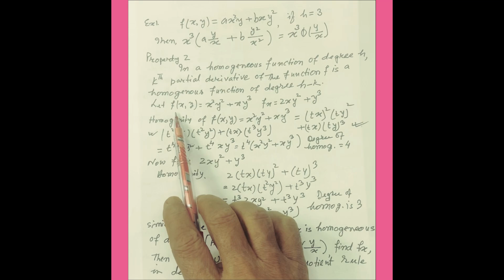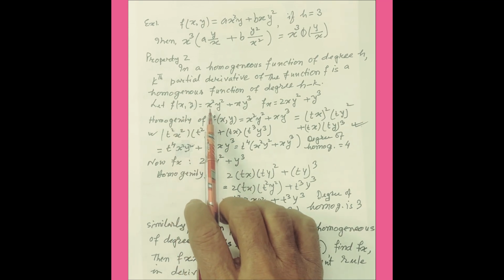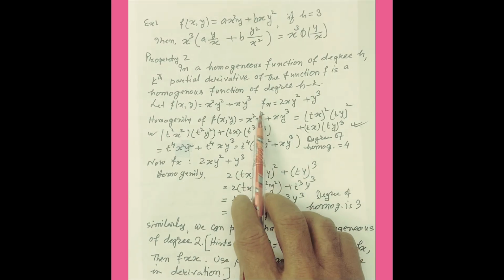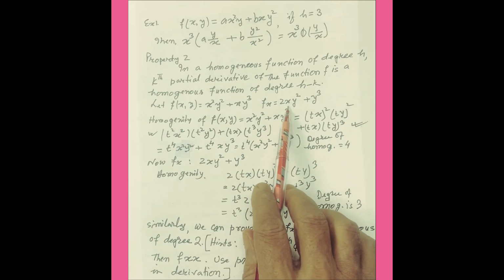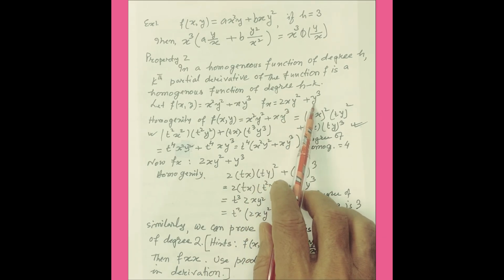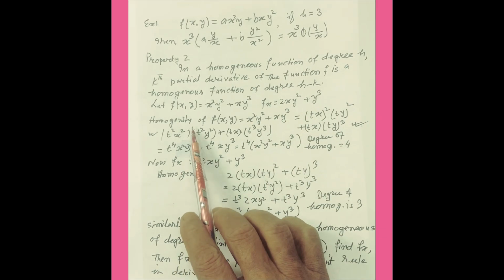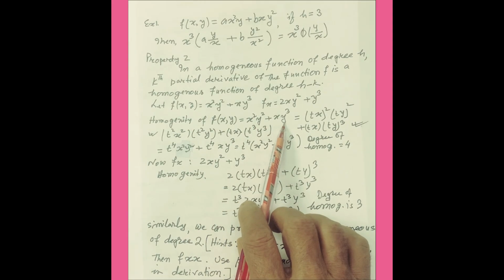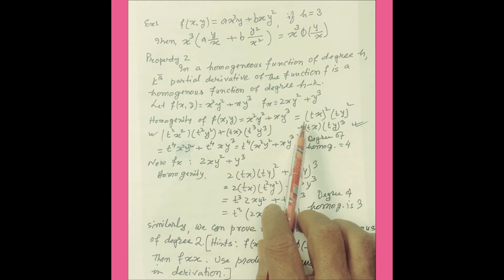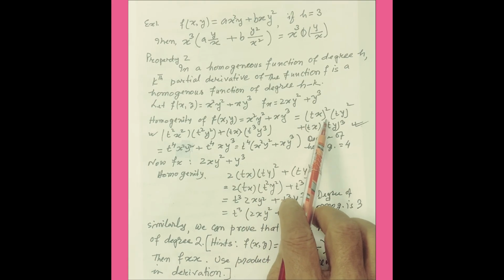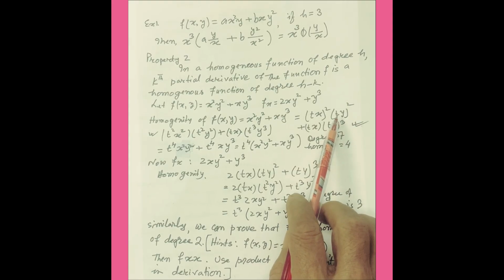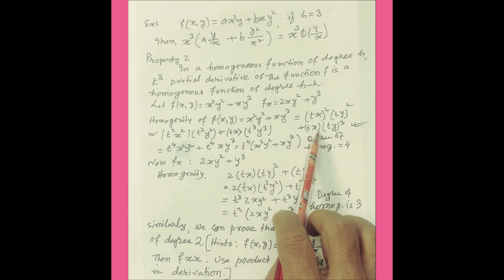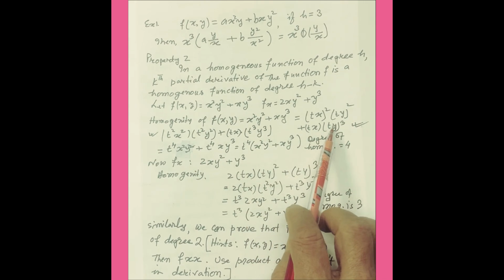Okay. Now let the function be x square y square plus x y cube. What is the first derivative of this? 2xy square plus y cube. Now what will be the homogeneity of this function? t x whole square into t y square plus t x into t y whole cube.